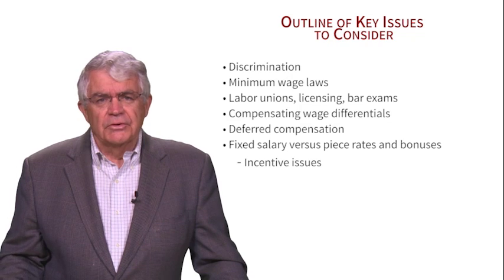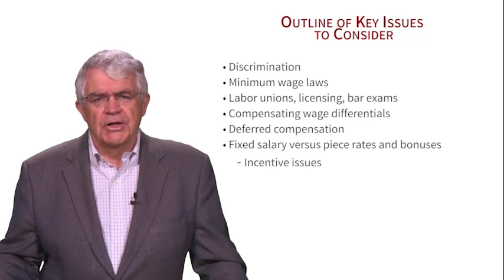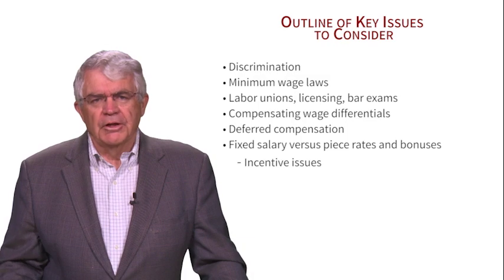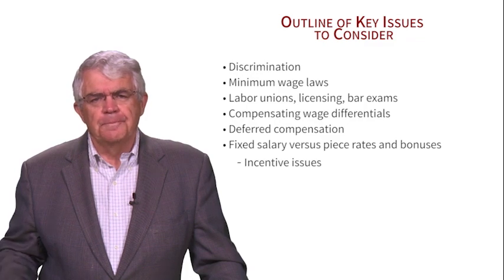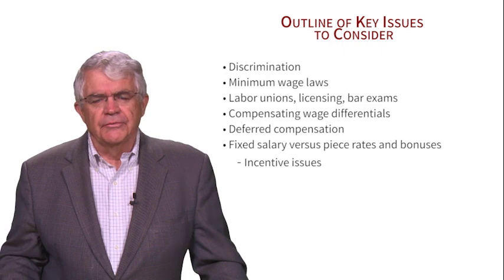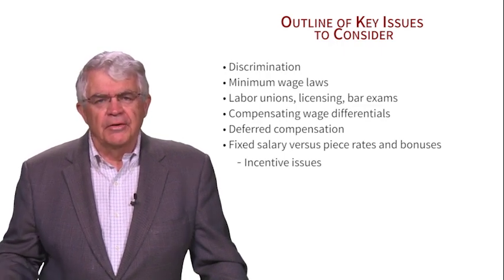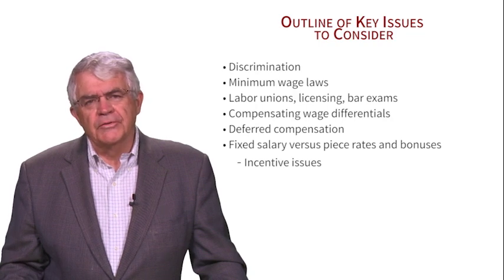All these things have incentive effects. Piece rates: if you pick more, you get more money. That provides incentives to have higher productivity. Deferred compensation gives young associate lawyers the incentive to become partner. The compensating wage differential gives people the incentive, say, to have more dangerous jobs like police officers.